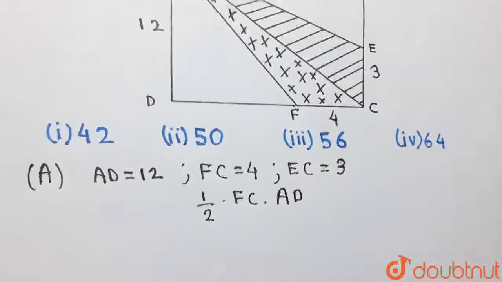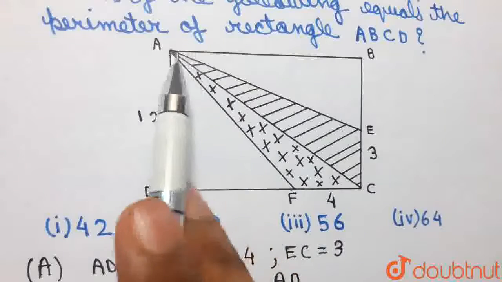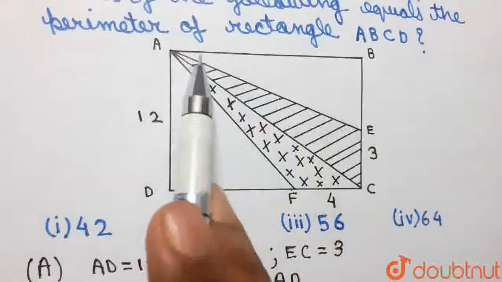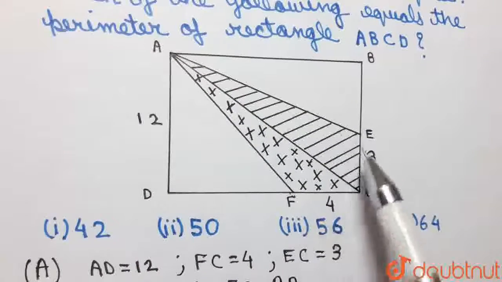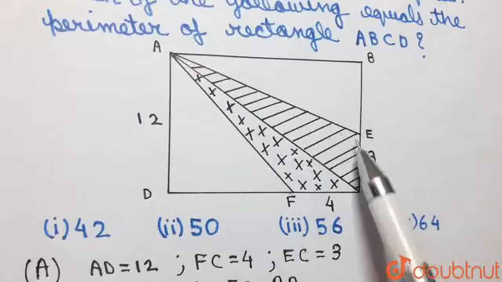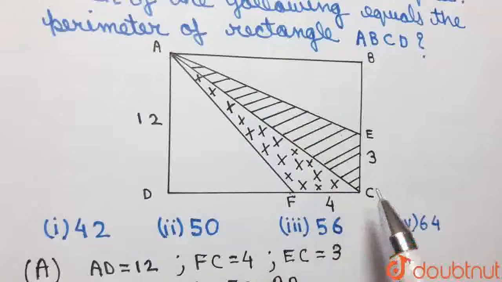Again going back to the figure and observing the shaded region this time, we can observe that this region again is an obtuse angle triangle. Hence its area will be given by half into base into height.